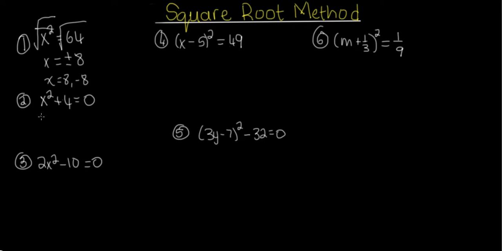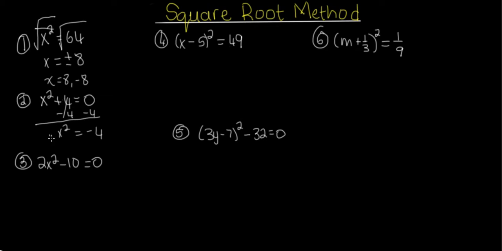For number 2, the x squared is not by itself. So first I need to move this 4 to the other side. Remember, the opposite of addition is subtraction. So subtract 4, that's going to cancel. So now I have x squared equals 0 minus 4, which is negative 4.